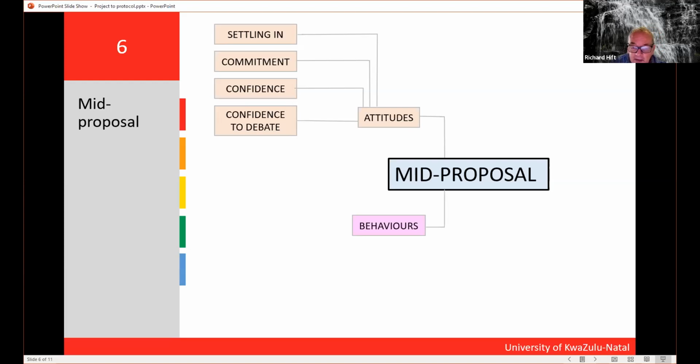And then there are behaviors that really are expected and critical of the PhD student at this stage, early though it may be. Reading, regular reading.